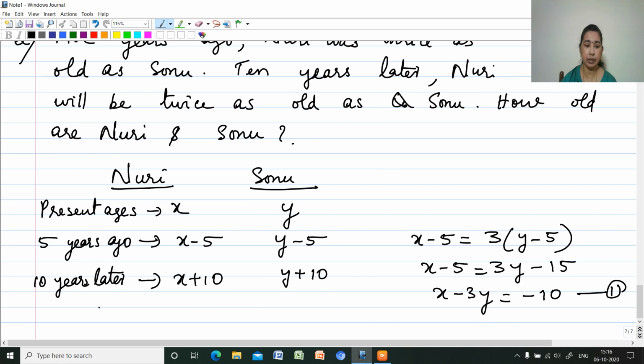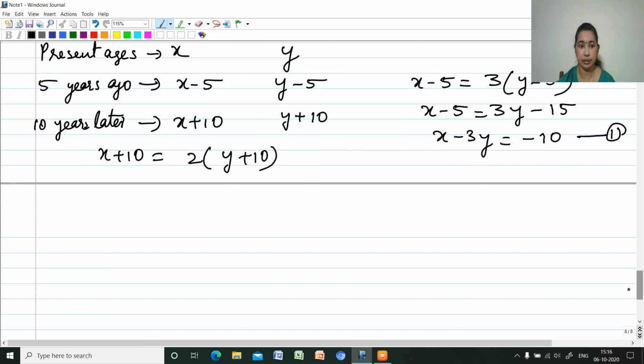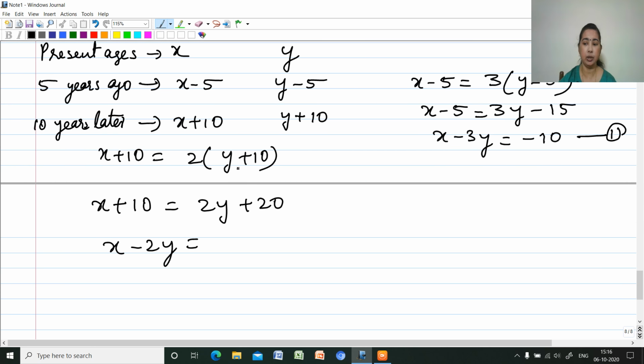Noori's age at that time is x plus 10, which is twice Sonu's. So we can frame the second equation: x plus 10 is equal to 2y plus 20, or x minus 2y is equal to 20 minus 10, that is 10. This is the second equation.